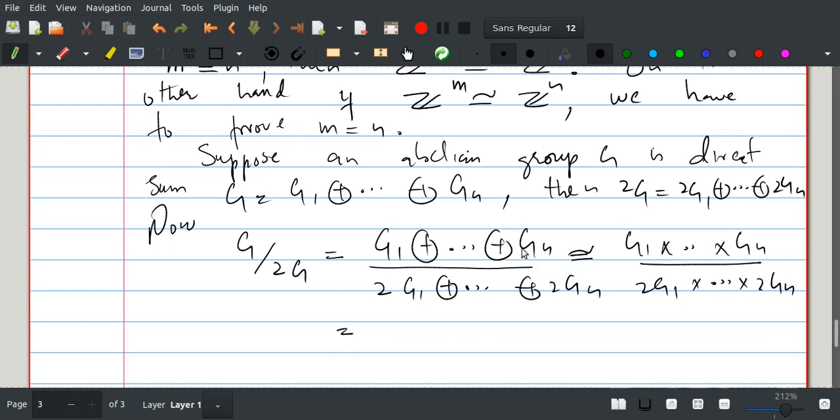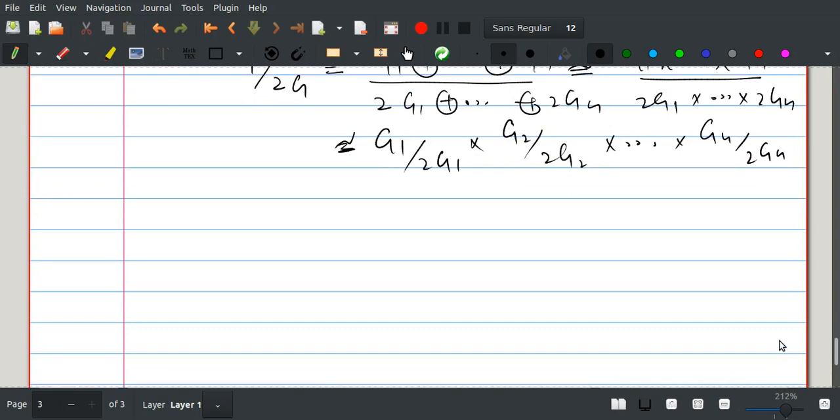Using the previous proposition, one can note that this is isomorphic to G1 mod 2G1 cross G2 mod 2G2 cross so on cross Gn mod 2Gn.